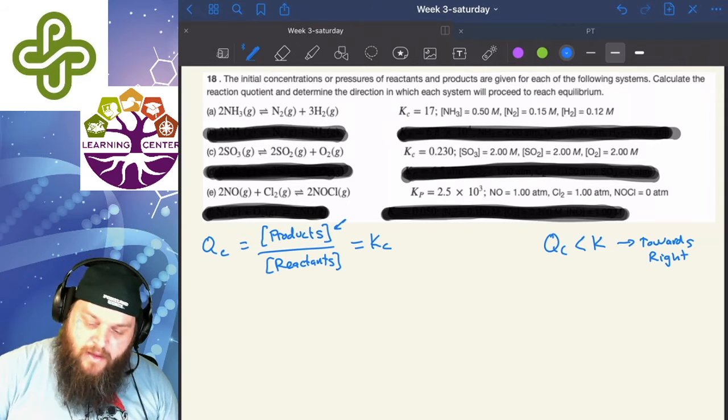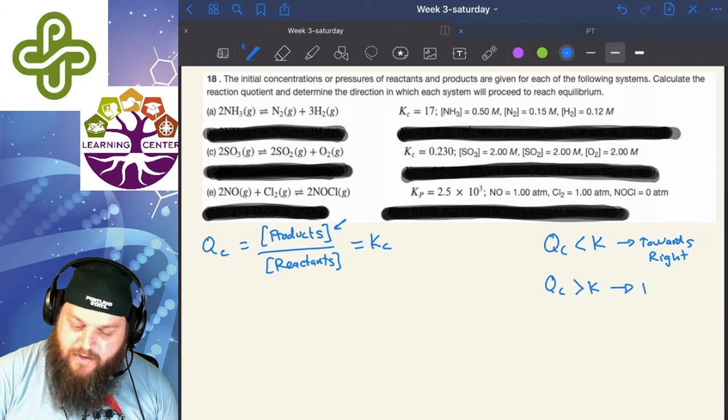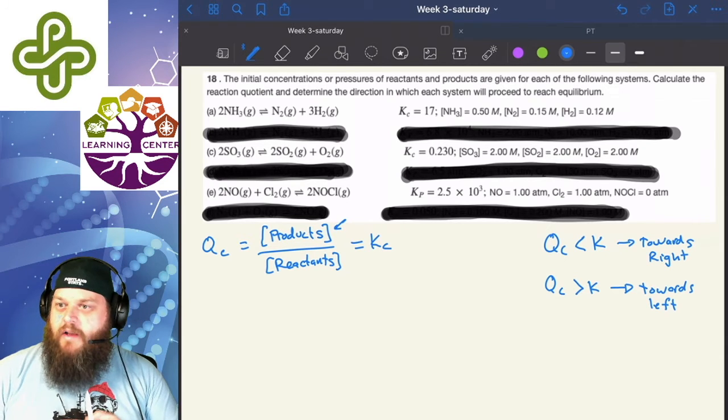If Qc is greater than K, the reaction is going to be moving towards the left, which means essentially we started out with too much product in there and we're shifting it back towards the reactants, so we get that equilibrium concentration going.